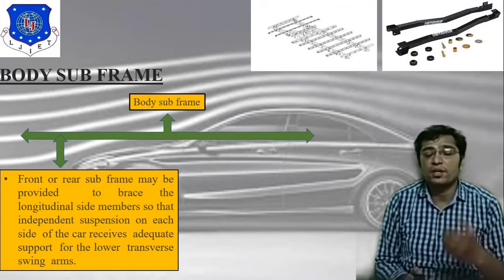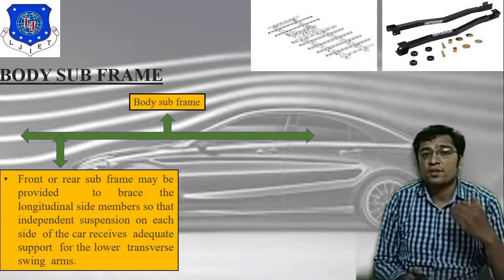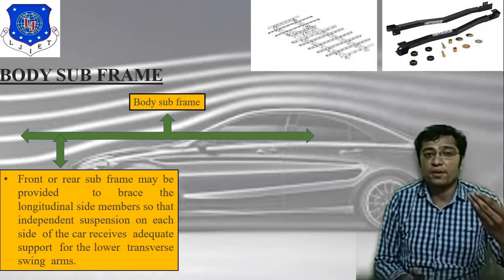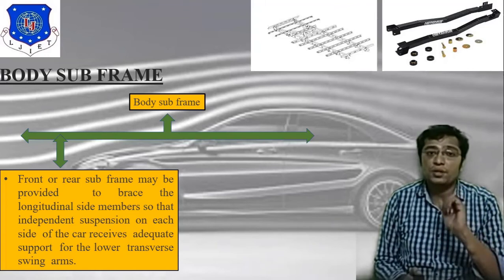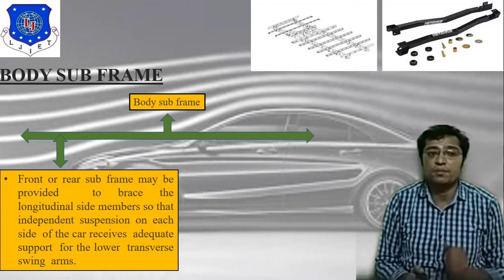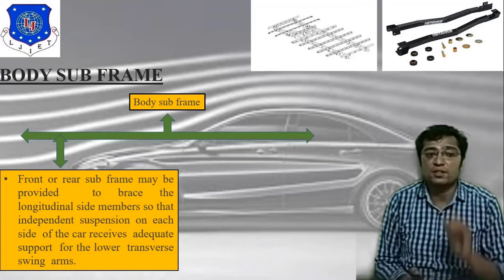Now we can talk about the definition. What is a subframe? You can find it at the front side or rear side. A front or rear subframe may be provided to brace the longitudinal side member so that independent suspension on each side of the car receives adequate support for the lower transverse swing arms.